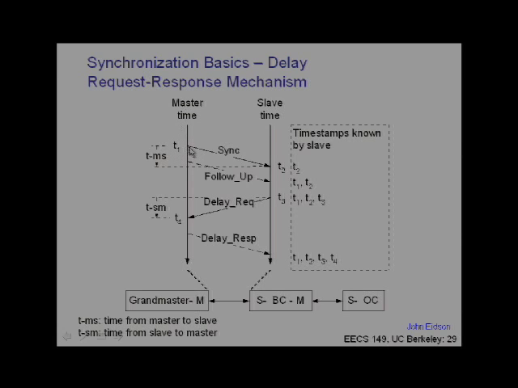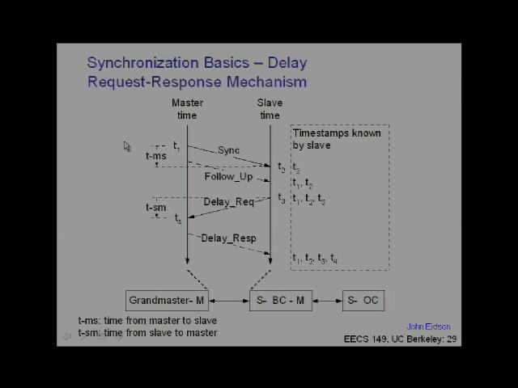Okay, so the transmission delay is effectively t2 minus t1, right? With accounting for the skew, right? So this t master to slave, TMS, is going to be the sum of the actual propagation delay plus any skew.